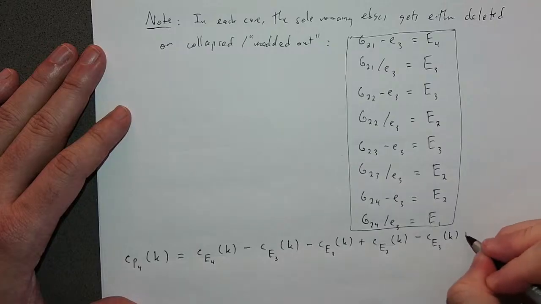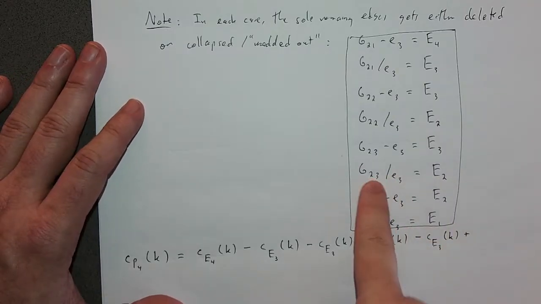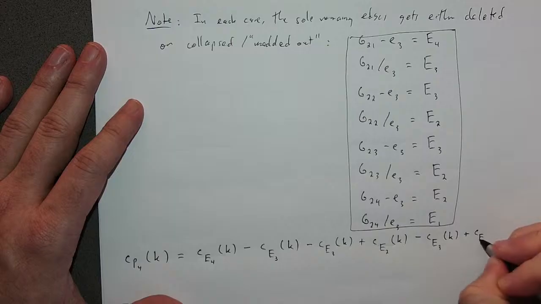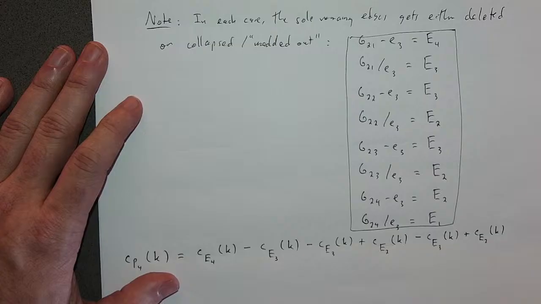Plus the number of colorings on G23 mod E3, which is the empty graph on two vertices. Okay.